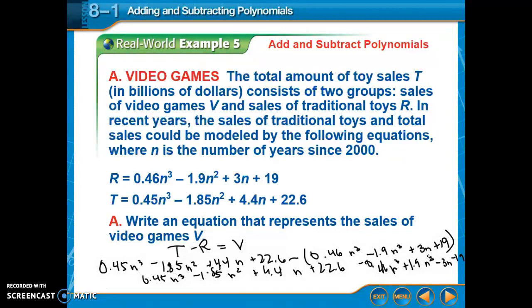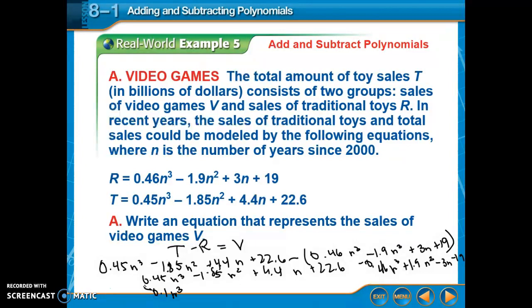So for the power of 3, we have 0.45, and then we're subtracting 0.46. So that's going to be negative 0.01 n cubed.